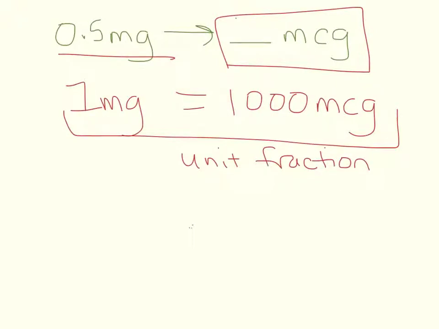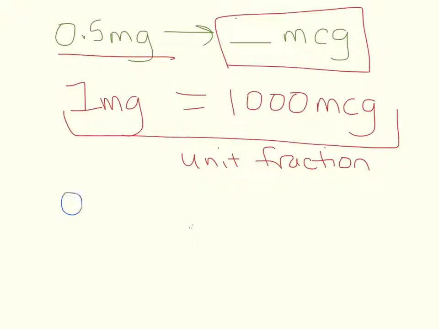So to set up our unit conversion, we have to make sure that the denominator will be correct and the numerator will be correct. And the quick way to determine this is to understand which units you want to cancel out. Ultimately, because we want to convert our 0.5 milligrams into micrograms, the milligram should be canceling out.